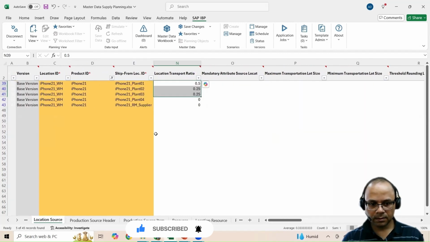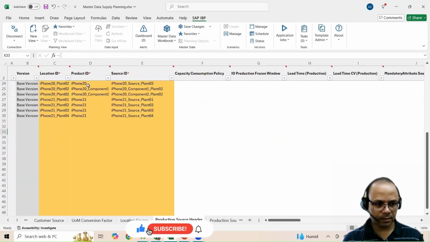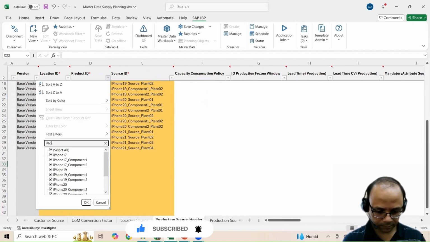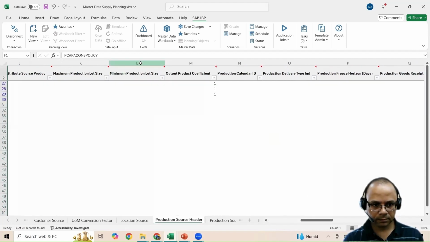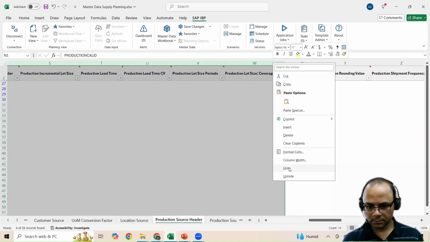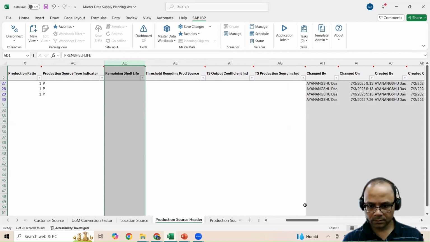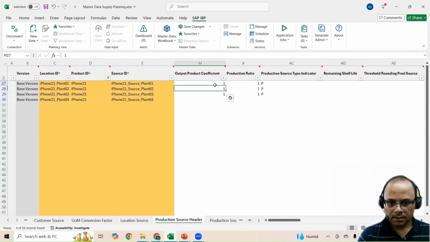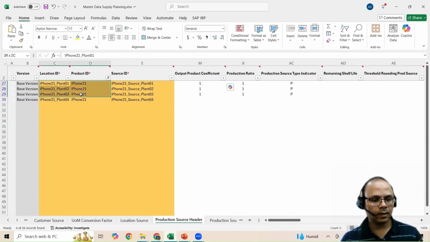Yeah, that's all. So there is a production, and what I'm saying is that plant 1, 2, and 3 have a source ID, and only they are actually producing.